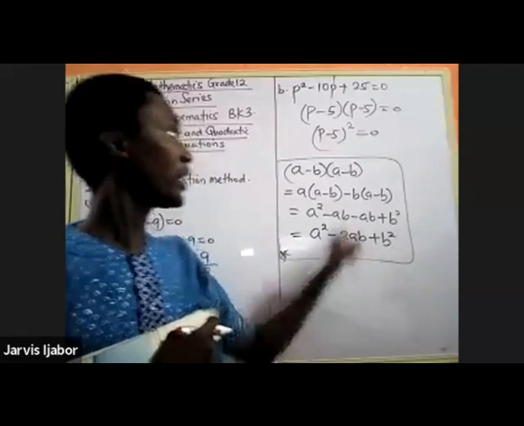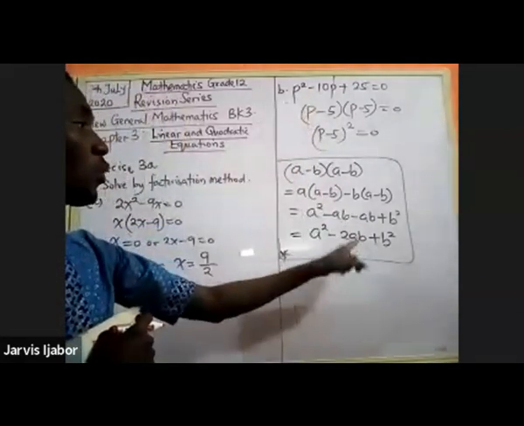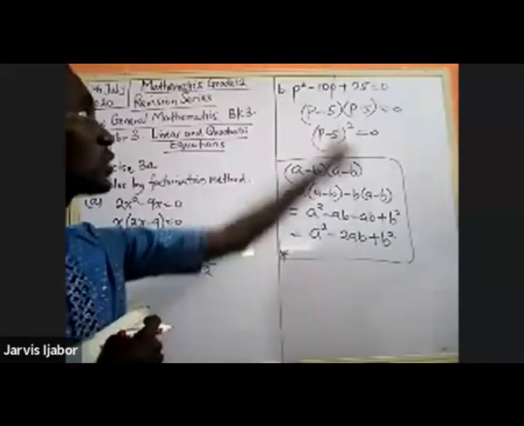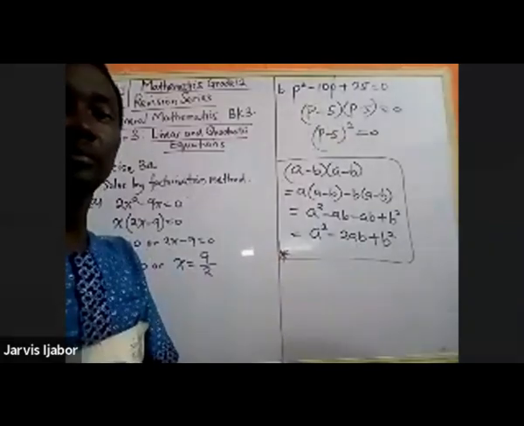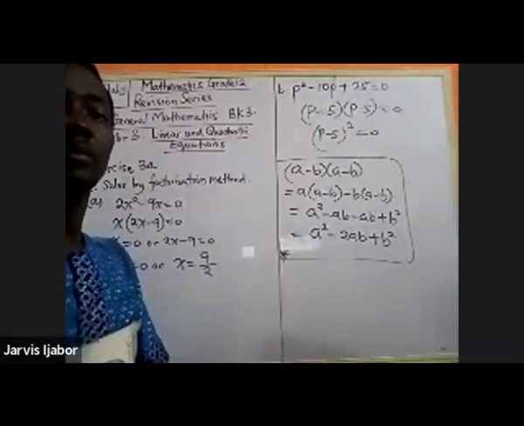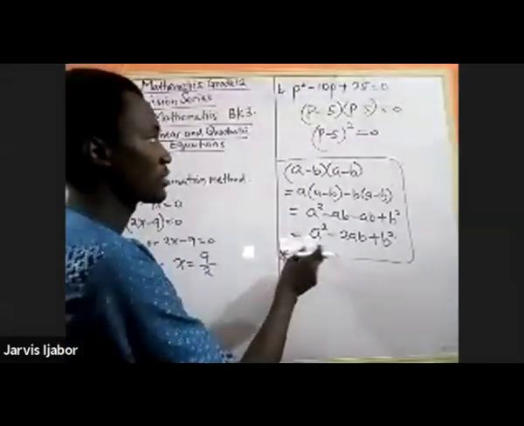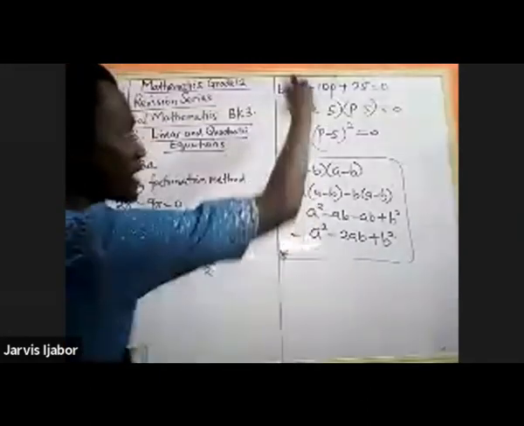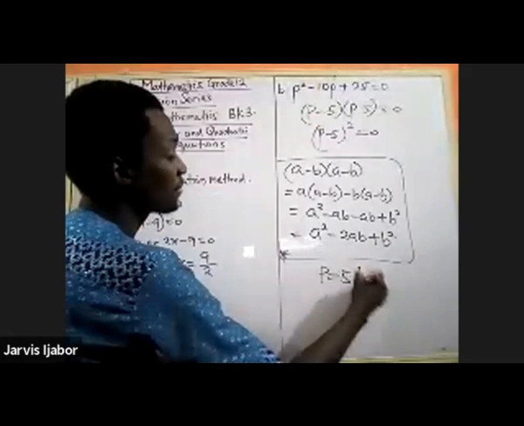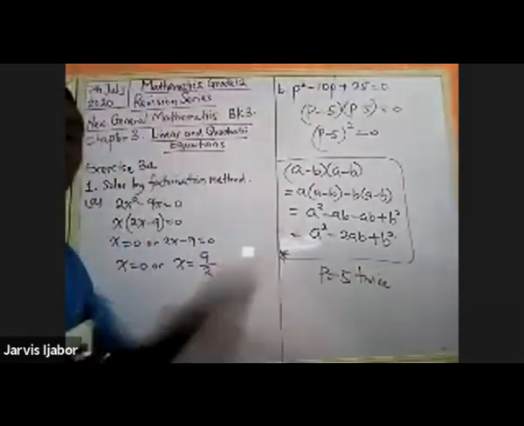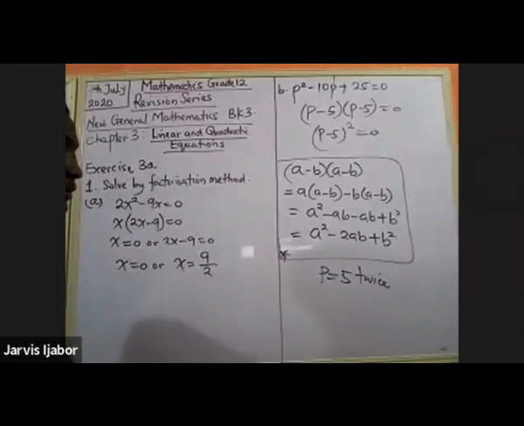What is a? a in this setting is p. What is b? b in this setting is 5. So please take note of this. That's why from there, p will be equal to 5 twice.